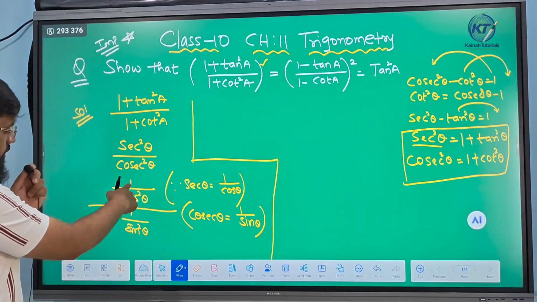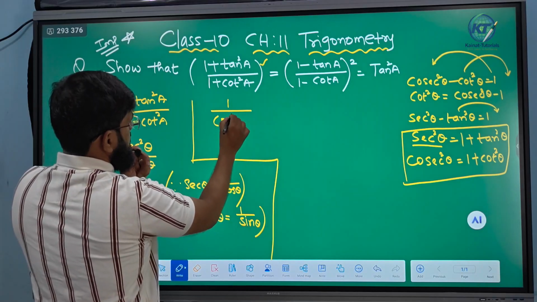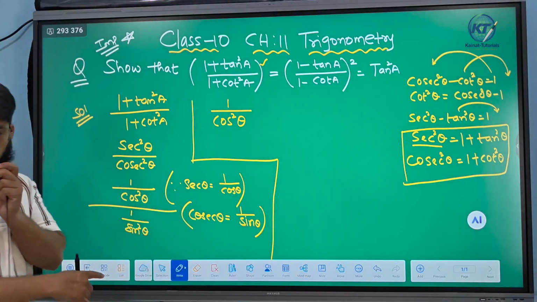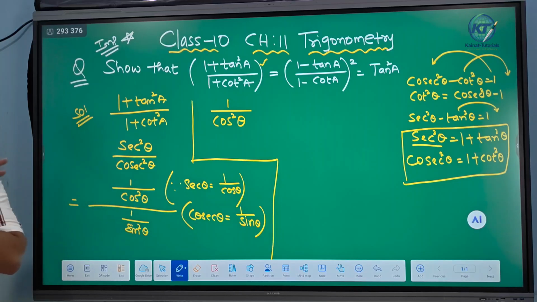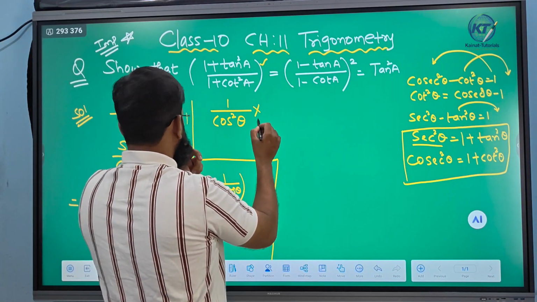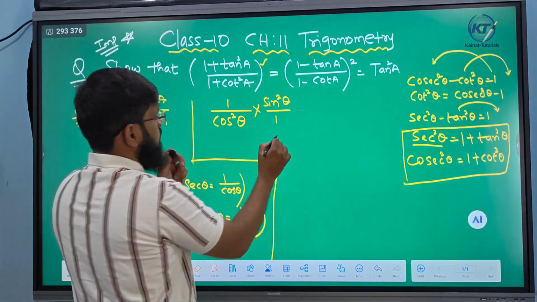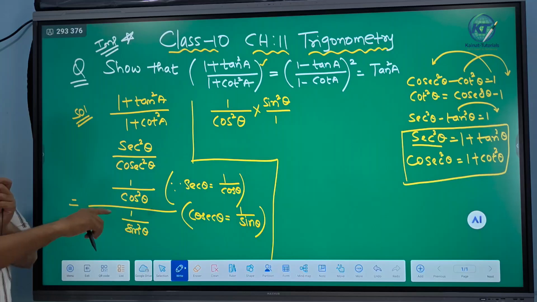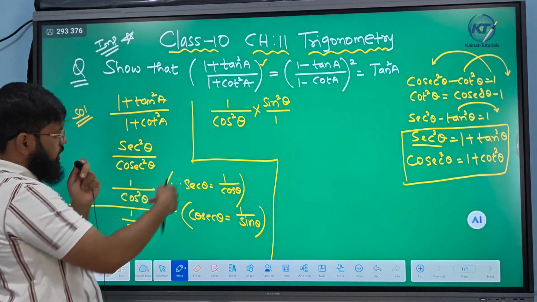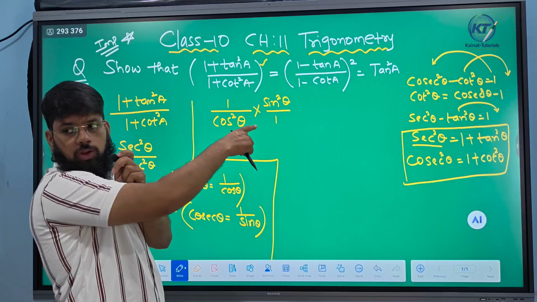Then afterwards, here this 1 by cos square theta I am writing as it is. I am not changing the numerator part. And in the denominator I am doing the reciprocal. When I am doing the reciprocal, you are going to get sin square theta by 1. The denominator, when we do the reciprocal, the division will convert into multiplication, and 1 by sin square theta we will write as sin square theta by 1.